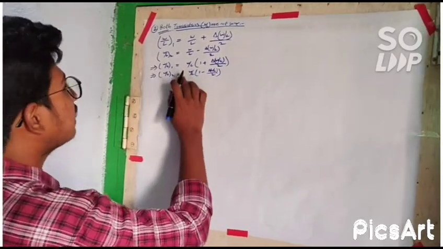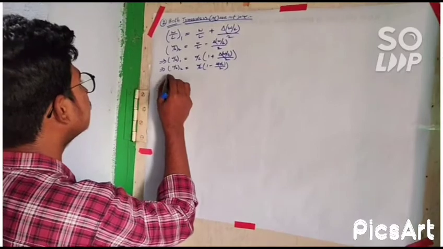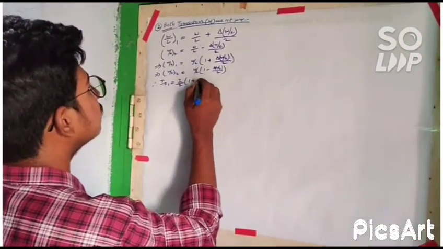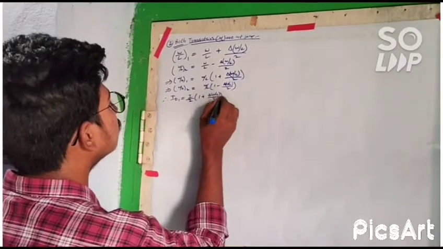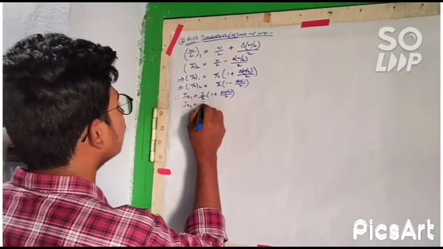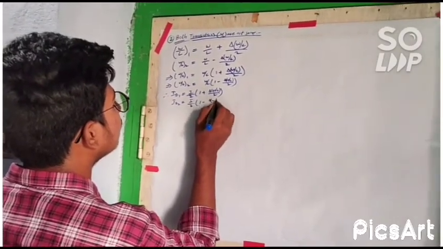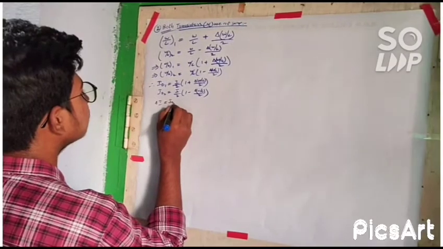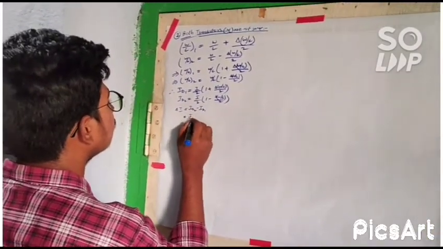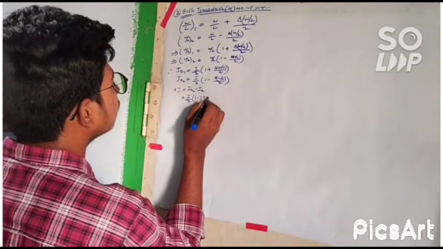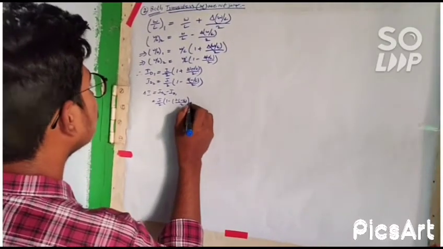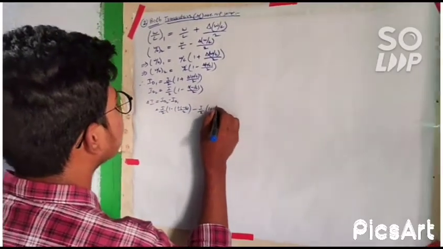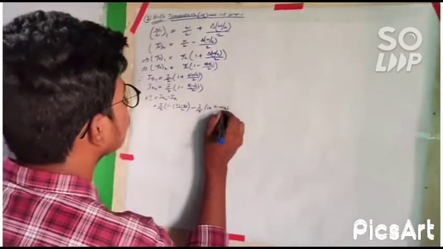Taking W by L as common, W by L 1 is W by L into 1 plus delta W by L by 2, and W by L 2 becomes W by L of 1 minus delta W by L by 2.